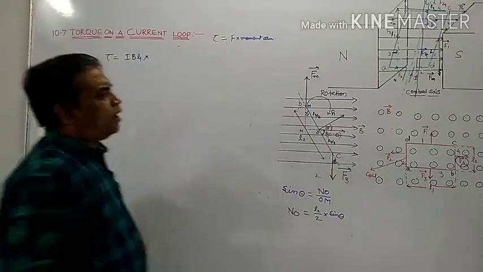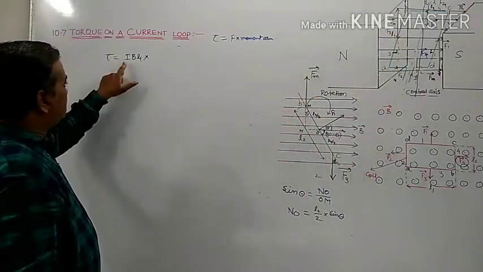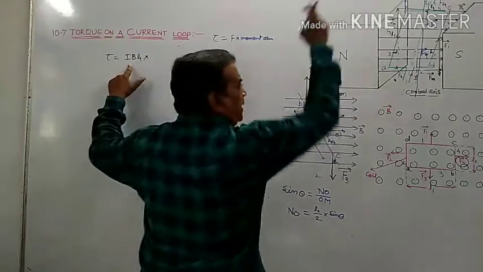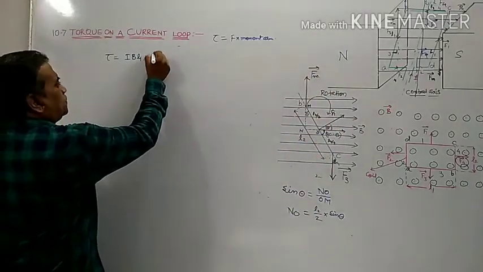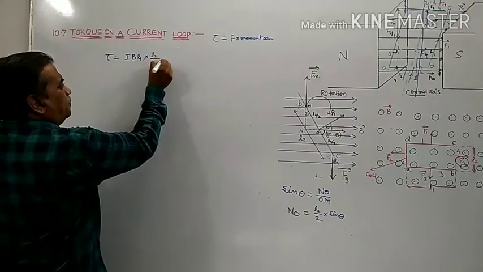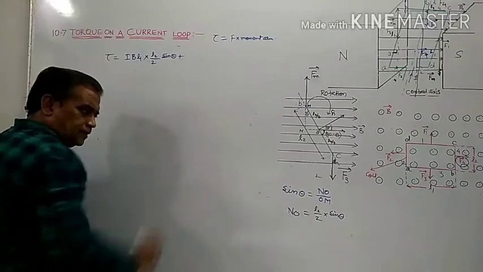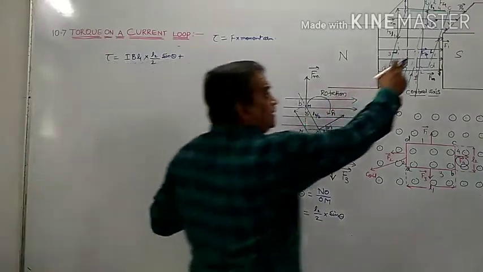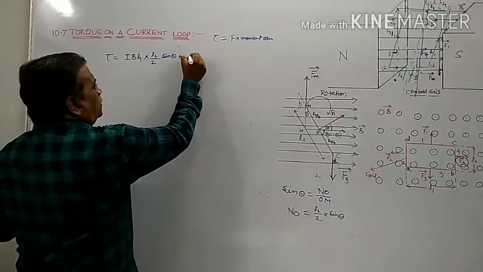So the torque on a loop is force F3 on AB multiplied by the moment arm R, which is the perpendicular distance between the pair of forces, L2 by 2 into sine of theta, plus now the other force in that torque is F1. What is the magnitude of the force again?